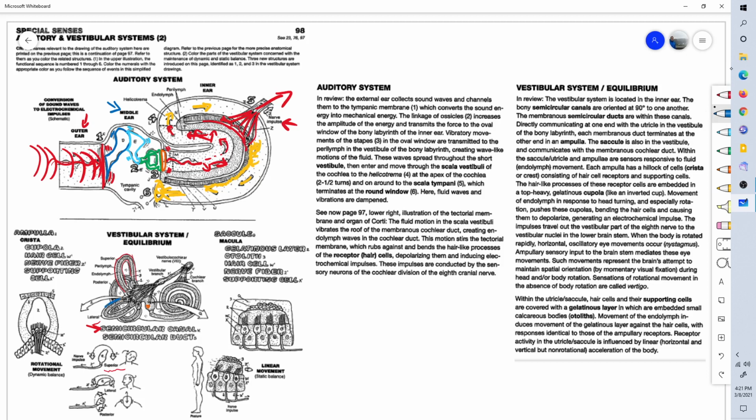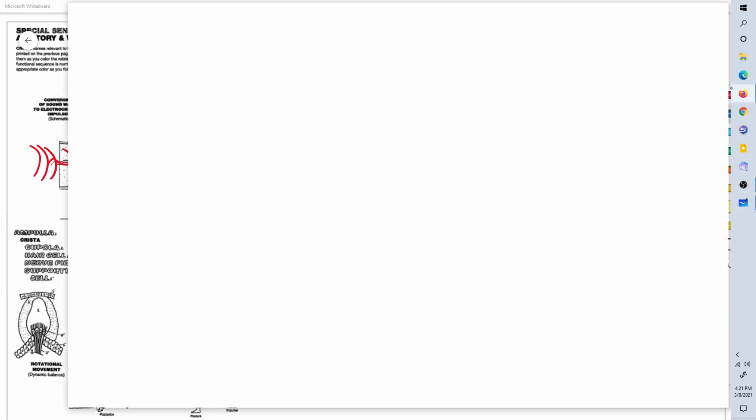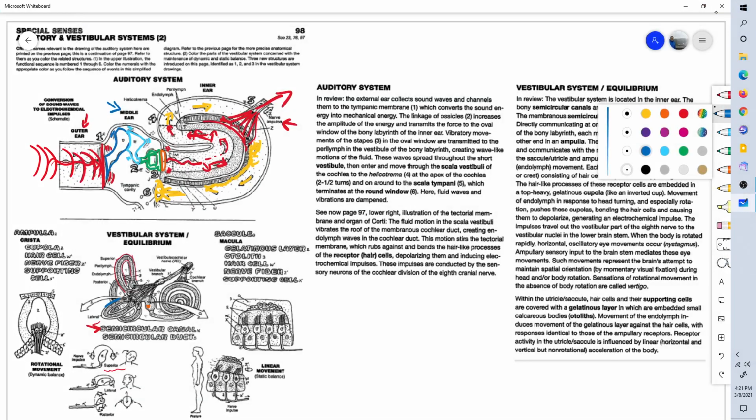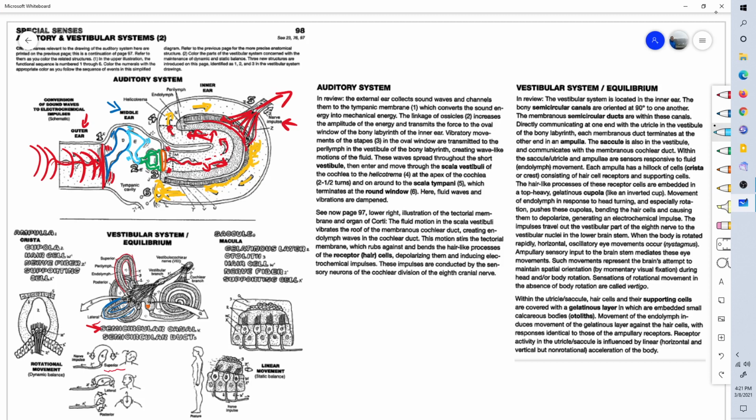Lateral semicircular canal. Let's shrink the size. Down here. And the posterior semicircular canal, and they are each 90 degrees.